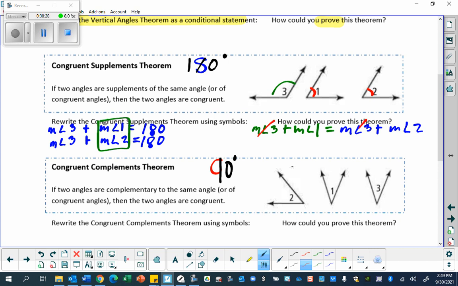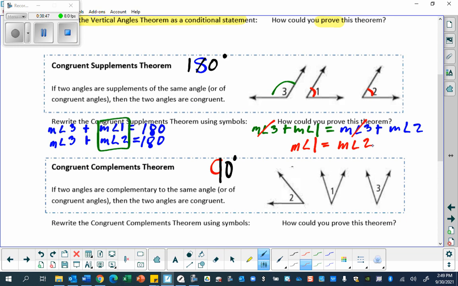If I have the measure of angle 3 on both sides, I can subtract it from both sides. I don't care how much it is, whether it's an obtuse, right, or acute angle. If it exists on opposite sides of an equation, I can subtract it. So the measure of angle 1 is going to be equal to the measure of angle 2. I just proved the congruent supplements theorem.